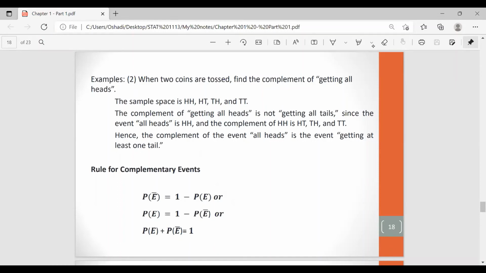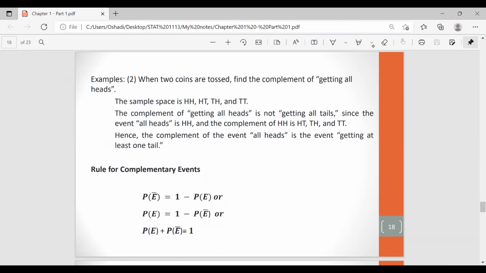So the complement of getting all heads is getting all tails? No, the complement should be not getting all heads, right? Since the event all heads is HH, the complement of HH is HT, TH, and TT, right?